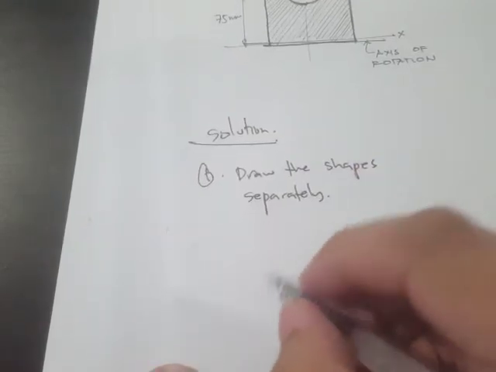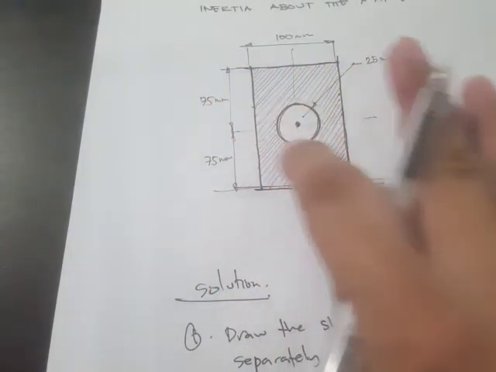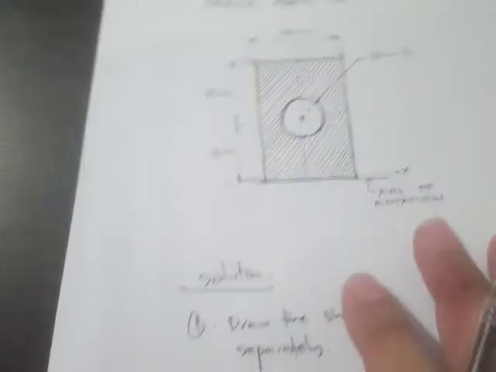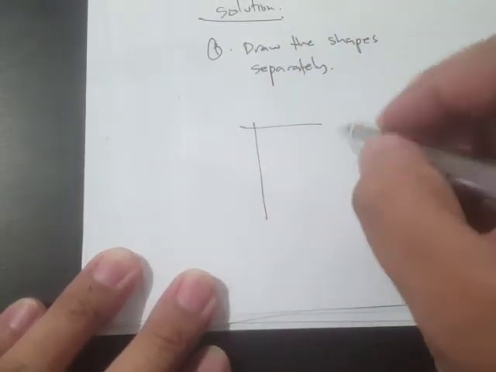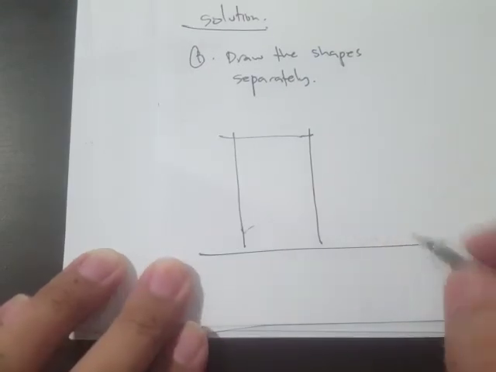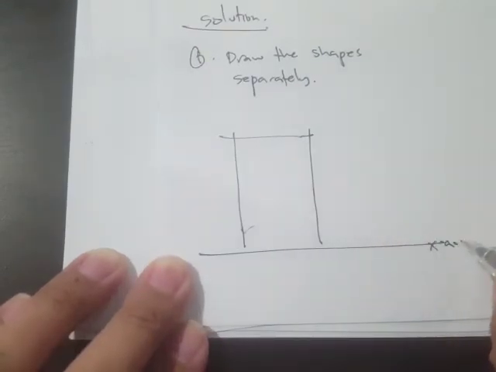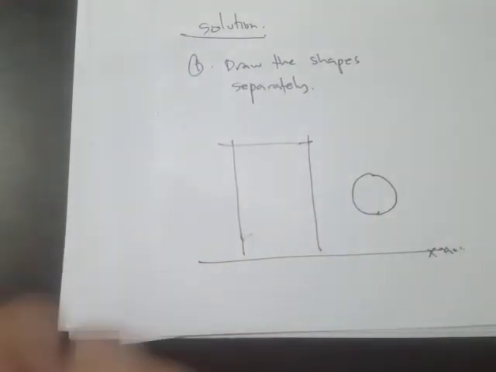What that means is that I can take the rectangle minus the area of the circle. So we have this rectangle, and let's say this is our x-axis, and right here we have the circle.